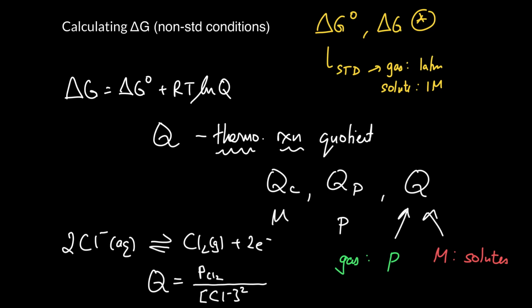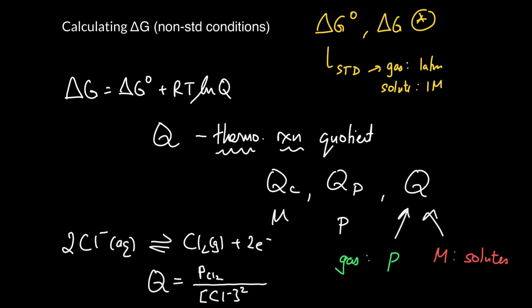We would also leave off the units. If you wanted to, you could remember to divide this by 1 atmosphere and divide this by 1 mole per liter, and it would essentially make it unitless. It would be more proper, but normally we just leave off the units. I'm not exactly sure what we do with those electrons. I'm not really sure if we're supposed to put them in or not, so that's probably a bad example.